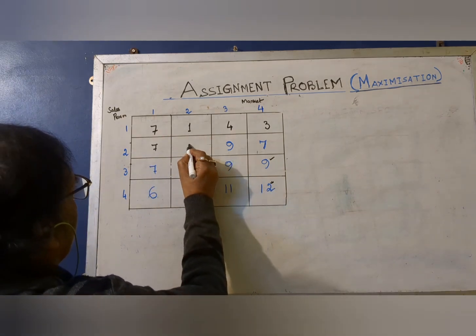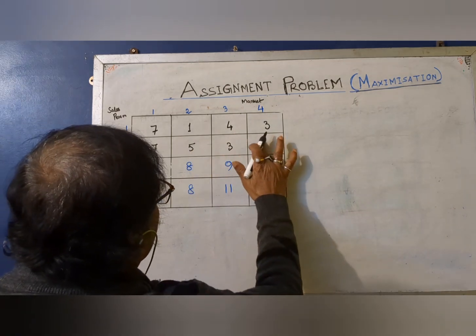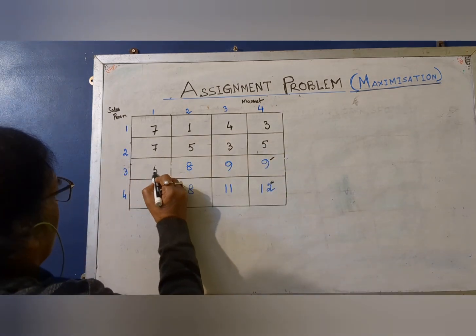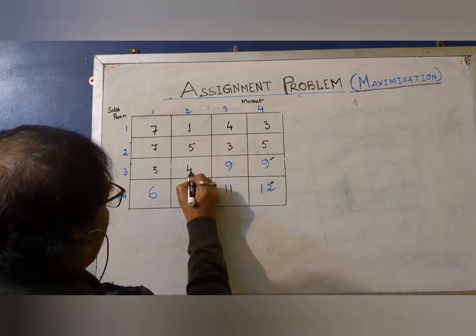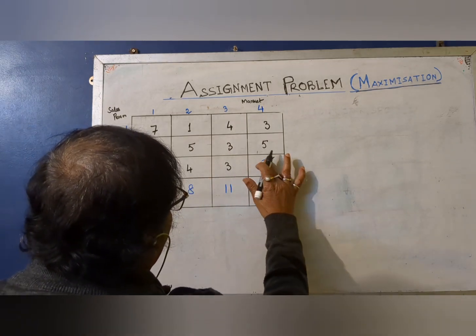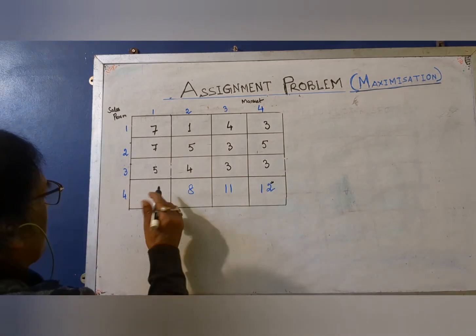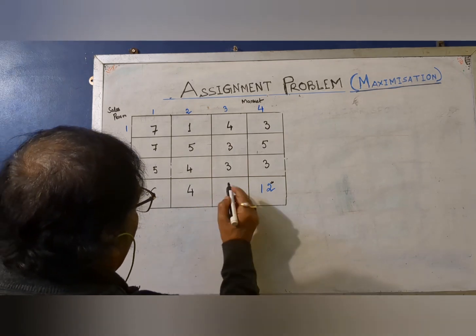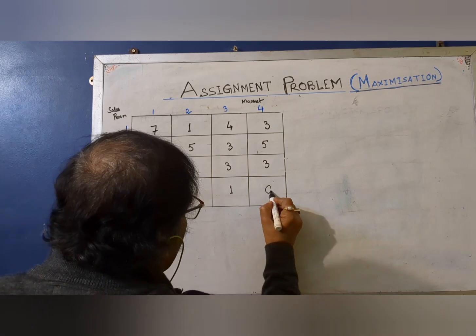Then this will be 5. This will be 3, and this will be 5. This will be 5. This is 12 minus 8, that is 4. This is 3. Now this will be 3. 12 minus 9, this will be 6, and this will be 4, this will be 1, and finally this will be 12 minus 12 is 0.